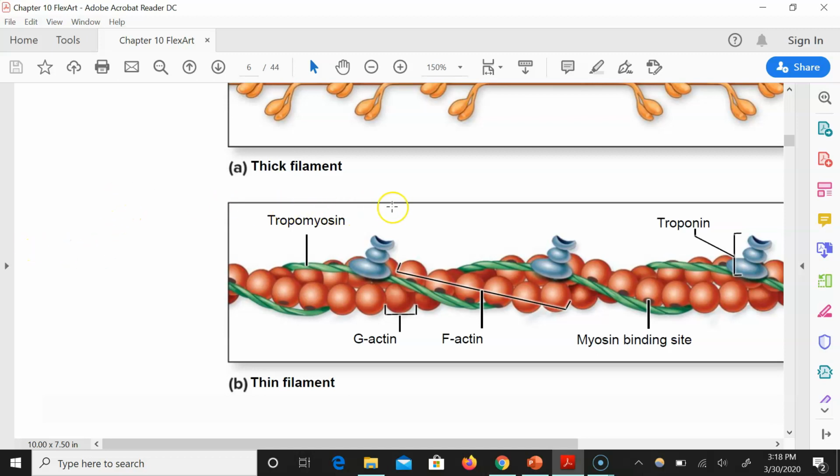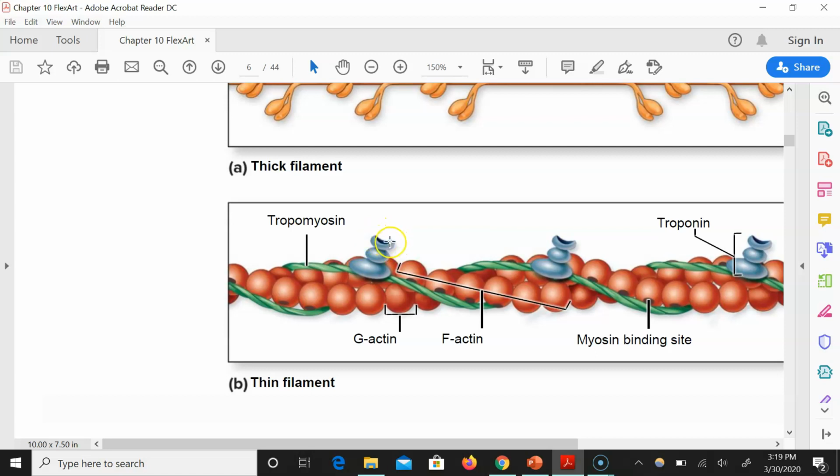Normally when the muscle is not contracting, you don't have calcium around. When the excitation comes from the motor neuron and the sarcolemma depolarizes, the sarcoplasmic reticulum that had the calcium in it lets go of the calcium. The calcium is now free to bind to troponin right there.